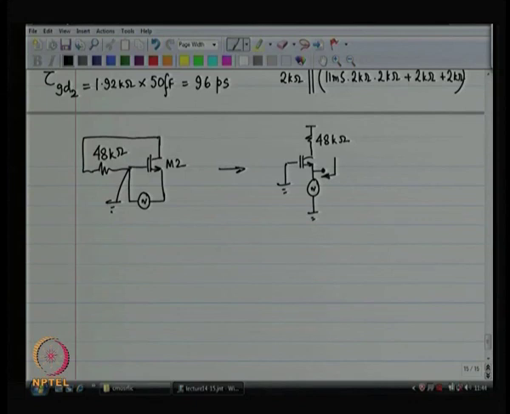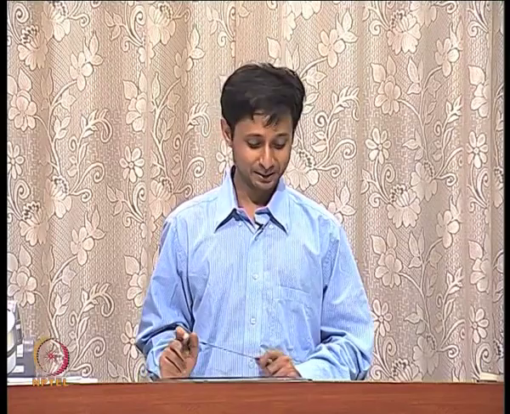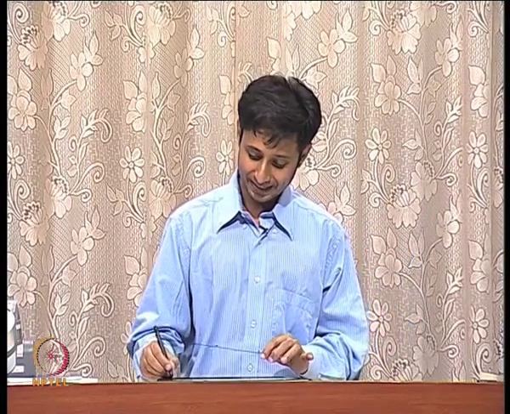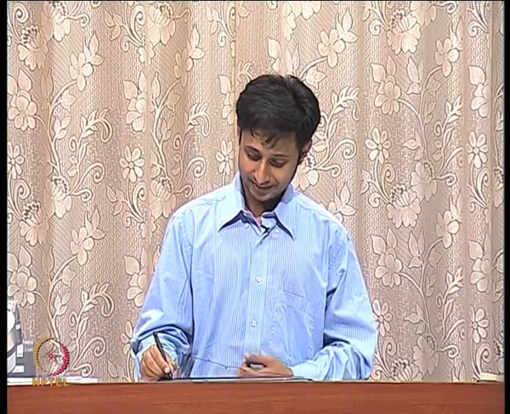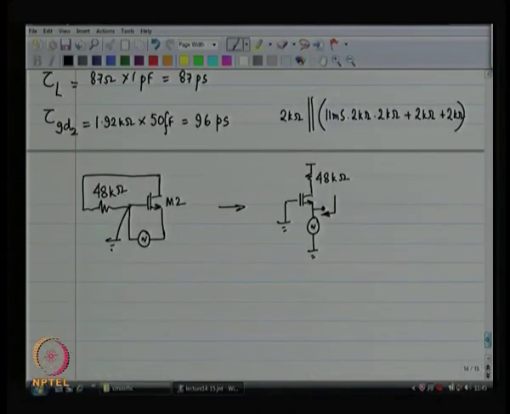right. And as soon as you have something like this, you again put it back to your template formula. It is amazing, it is really amazing. These two formulae are all that you need to do analog circuits with MOSFETs. These are the two formulae, period. Okay. So, once again you look back at your formula, which is RDS plus ZD divided by 1 plus GMRDS, and that's basically going to give you 2K plus 48K divided by 1 plus 2K times GM.